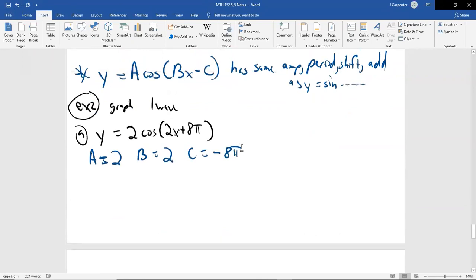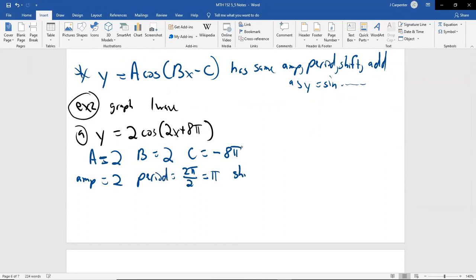So we got our A's, B's, and C's, which means we can identify the fact that the amplitude is going to be 2. The period is going to be 2 pi over b, 2 pi over 2, which is pi.